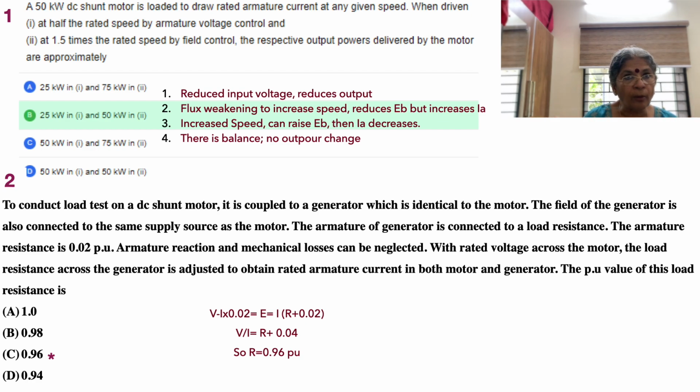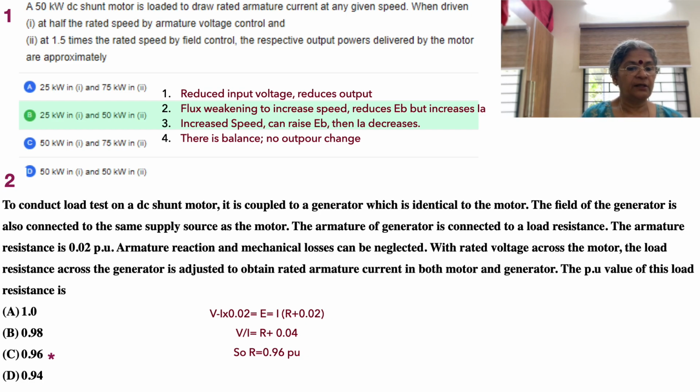The compensation is via the larger current, such that a larger drop can happen on the armature resistance. Again, the output remains the same because though E_b has reduced, accordingly I_a has increased, and of course we have not changed the input as well. So obviously the output power remains the same and it's equal to 15 kilowatt. Moving on to the next problem.